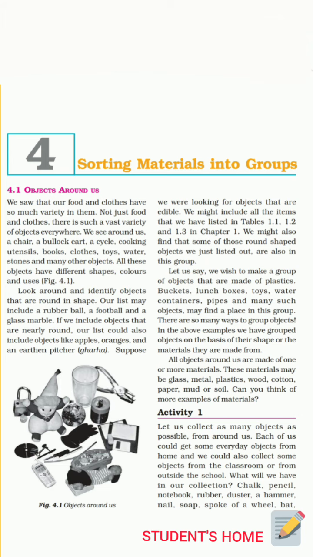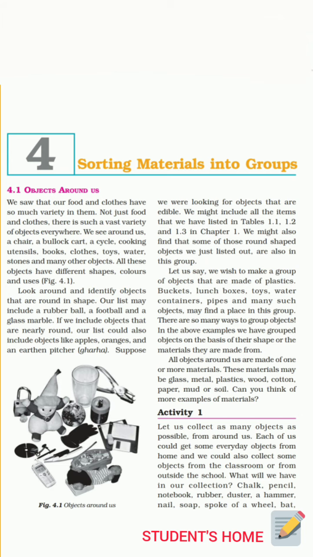Now suppose we were looking for objects that are edible. We might include all the items that we have listed here. We might also find that some of those round shaped objects we just listed are also in this group.